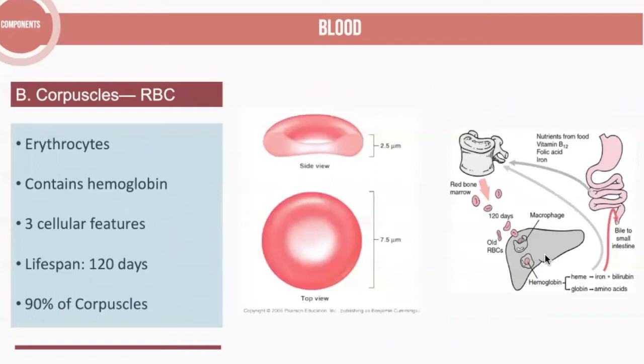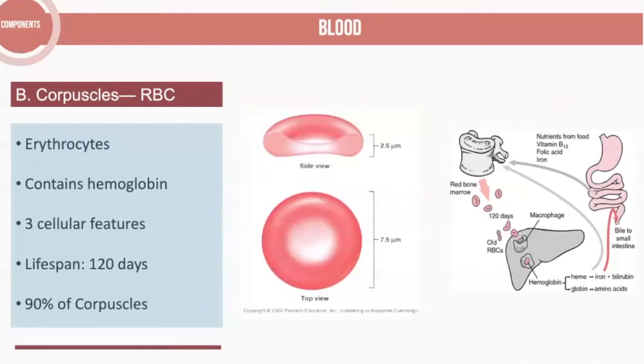So RBCs, some of its components will be recycled or used again by the body. So particularly hemoglobin. The hemoglobin of your RBCs can be broken down into its components. So particularly the heme and the globin.